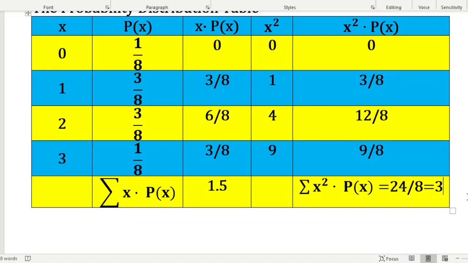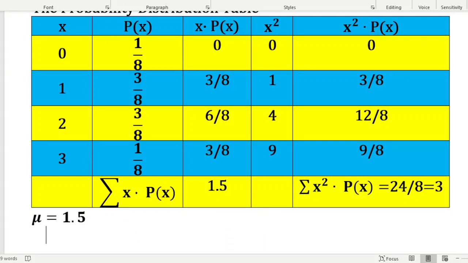Now, this is the mean. We already have the mean. That is, our mean is 1.5. The mean is 1.5.